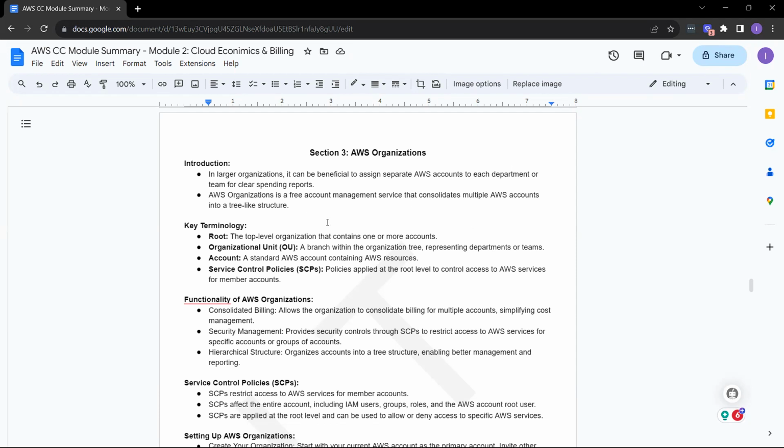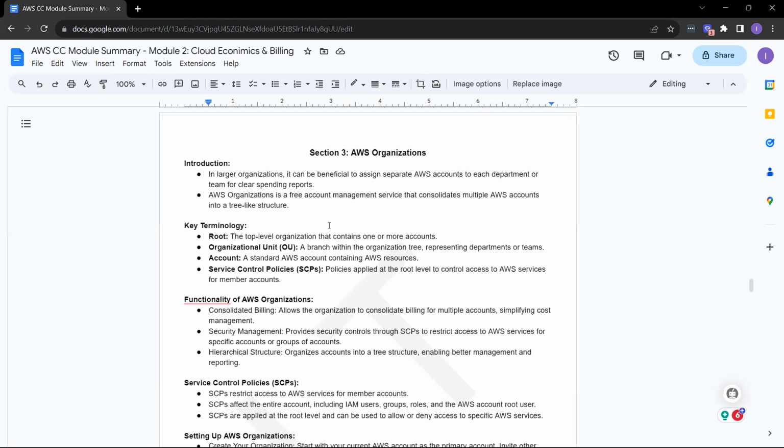The AWS Organizations tool itself is a free account management service that consolidates multiple AWS accounts. So the tool is free, but what might happen under those accounts might not be free, because the accounts might utilize resources that are paid.